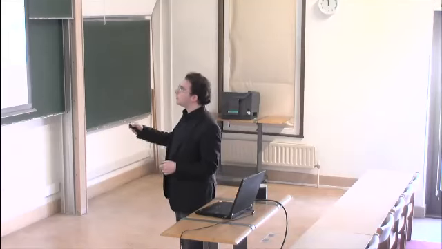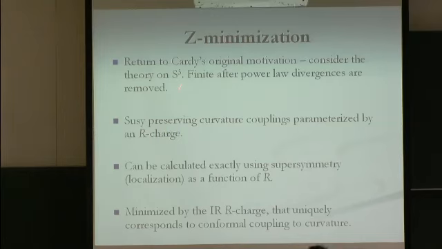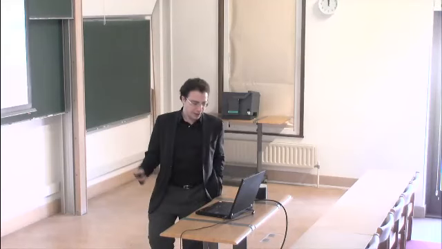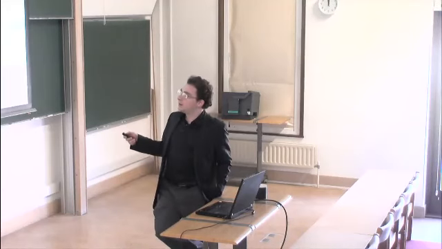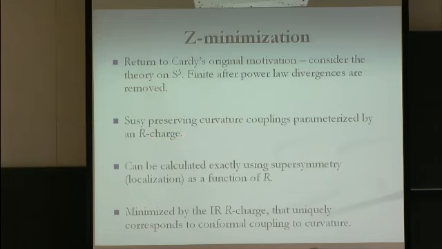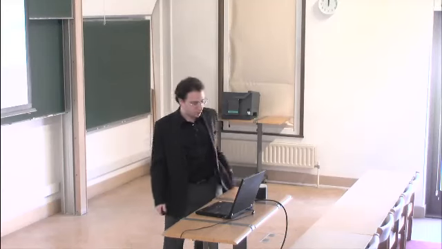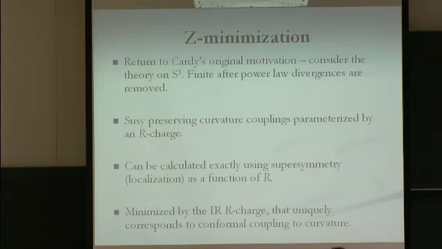Okay, so in the supersymmetric story, one is going to try to take the supersymmetric theory and put it on S3, and it turns out you can do that presuming supersymmetry, whether it's conformal or not, as long as it has an R symmetry. But when you do it, the action you write down depends on a particular choice of R charge. And so then you can calculate the answer exactly using localization, but it's a function of that choice.